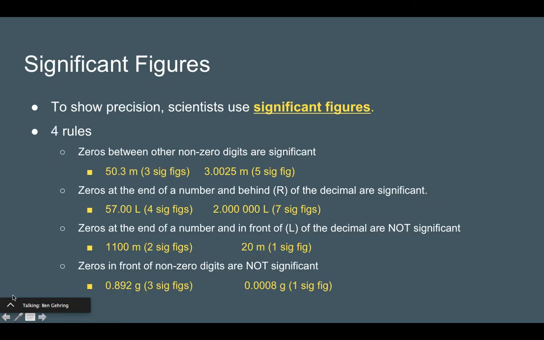One of the ways we show precision, specifically, is that we use what are called significant figures. And so significant figures are all of the known values with one estimated digit.